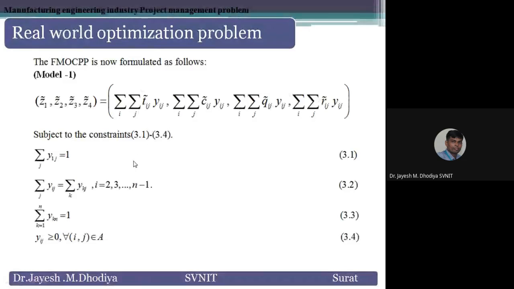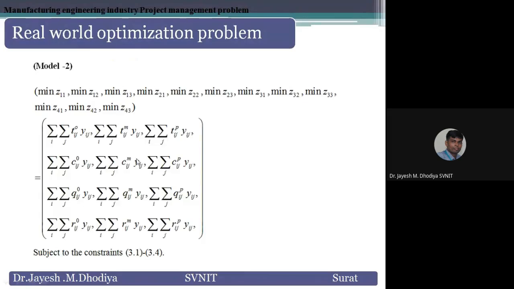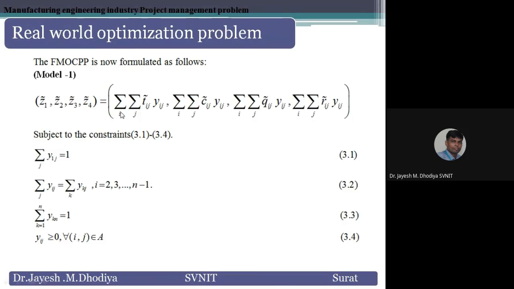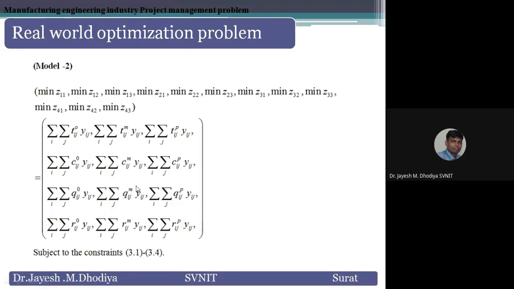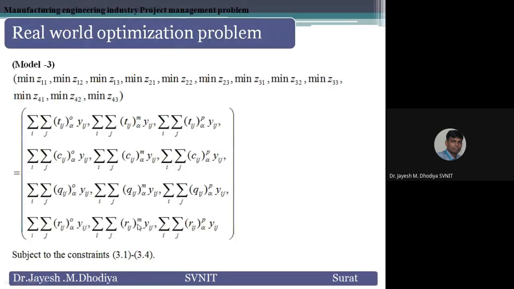The fuzzy model can be converted into a crisp model by taking optimistic, most likely, and pessimistic values. And again, using the same constraints, we can get the solution too. This is also the alpha cut model.